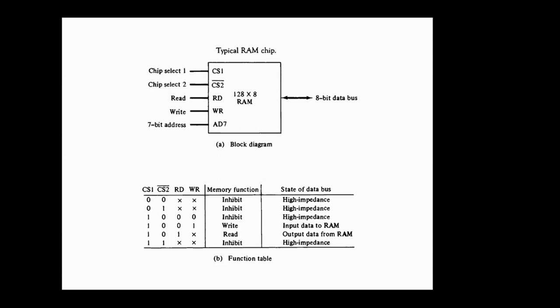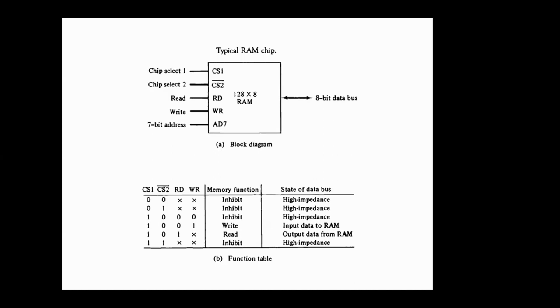In each row, there are 8 flip-flops. And if it is made of capacitors, there will be 8 of those blocks. So let us say this RAM chip is made up of flip-flops. There will be 128 rows in this RAM chip, and in each row there will be 8 flip-flops.